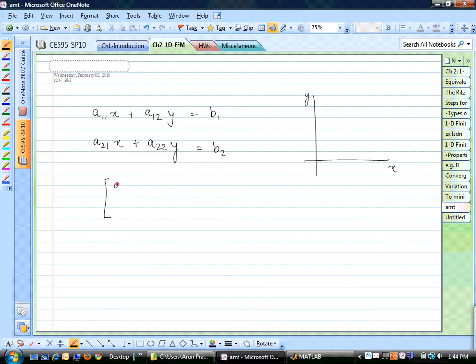If you write it out in matrix form, this would be this 2 cross 2 matrix, times the vector of unknowns, equal to the right hand side.